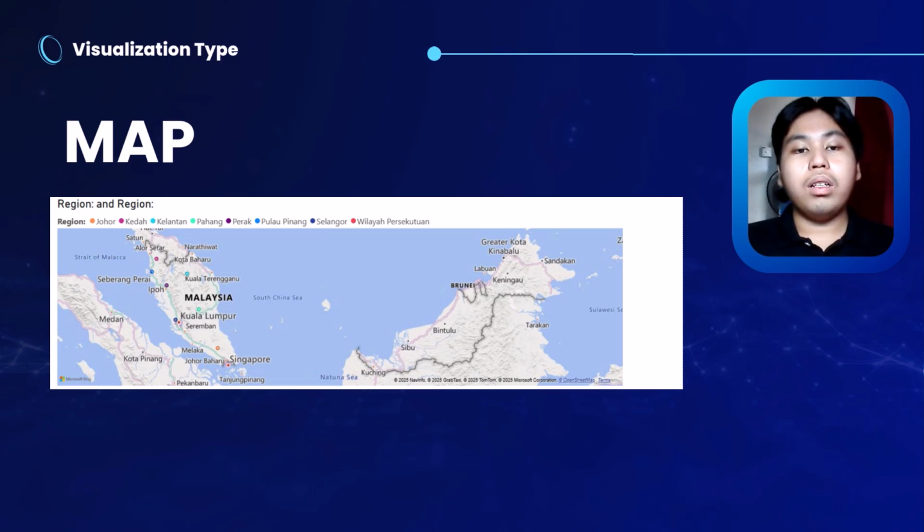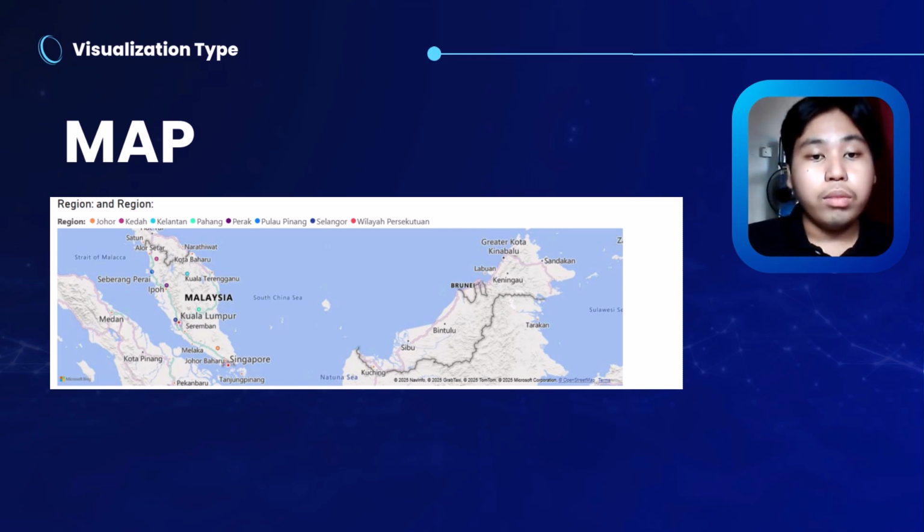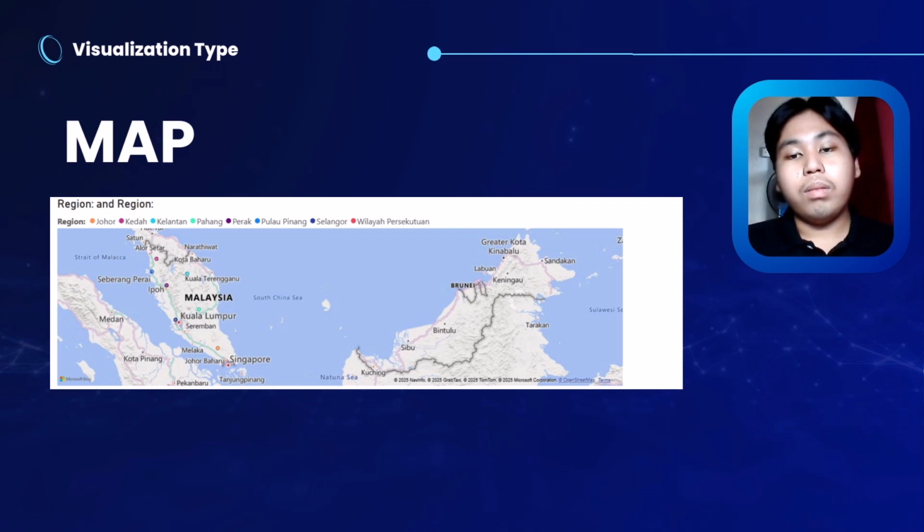Third, I will explain about the map. We analyzed region by region. We accepted regions from Johor, Kedah, Kelantan, Pahang, Perak, Pulau Pinang, Selangor, and Wilayah Persekutuan. It's all from Malaysia.